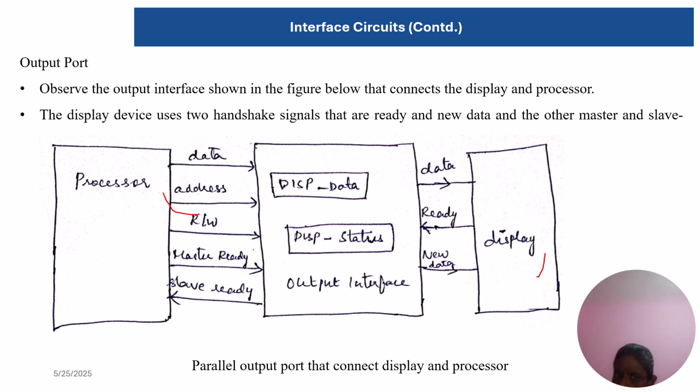If the data is displayed, then it indicates that whatever data was available in this register is displayed, that task is over. Now new data, I am ready to take. This is what it means. So this is the parallel output port that connects the display and processor.